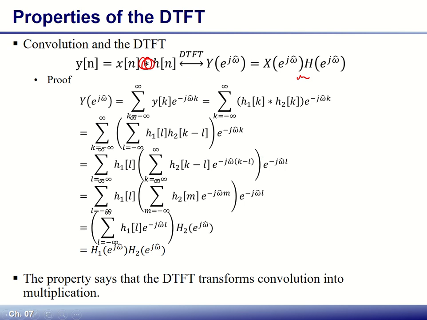Here is the proof. We already did it with the FIR filter, the frequency response of the FIR filter. We already studied this, so I'm just going to introduce the proof, and I recommend you study it by yourself.